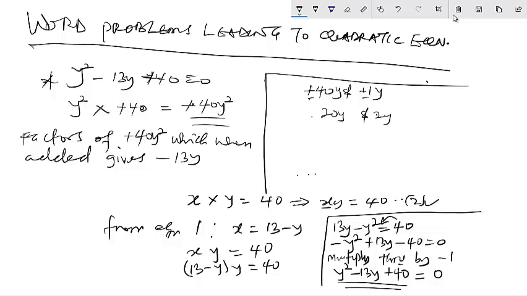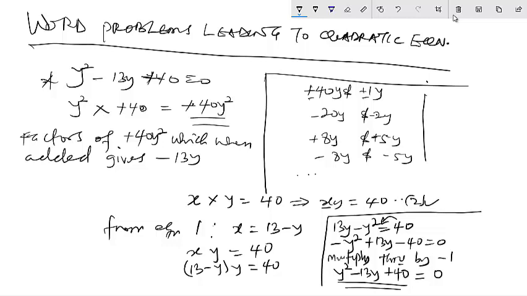You can also have minus 20y and minus 2y. That will also give you plus 40y squared. Then you can have 8y and 5y. Plus 8y multiplied by plus 5y will give you 40y squared. Minus 8y multiplied by minus 5y will also give you 40y squared.